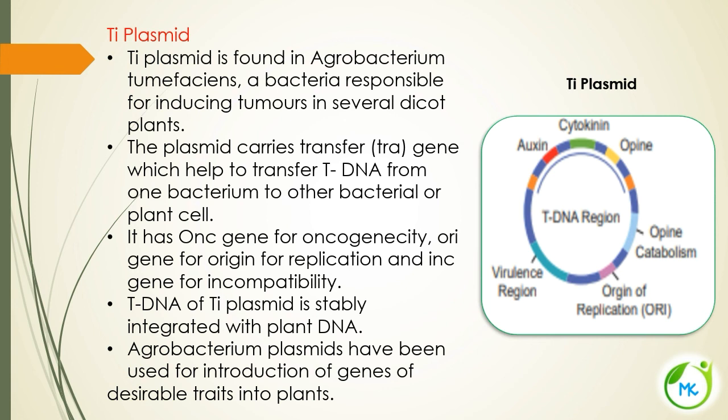Now it will be carrying our gene of interest and it will not be having any tumorous property, and this Agrobacterium plasmid can be used to introduce the gene of interest into the plants, because this bacterium can get into the plants. So this can be used as a suitable vector for carrying desirable traits into plants.